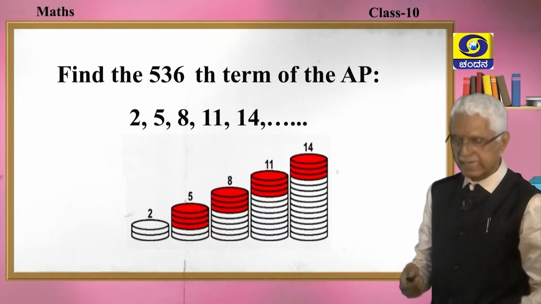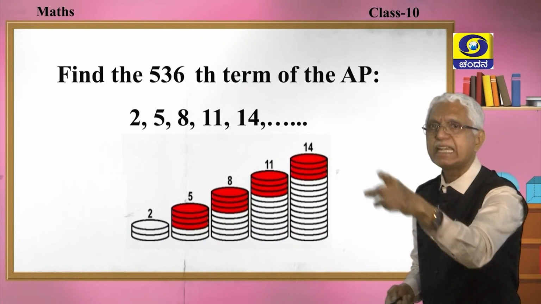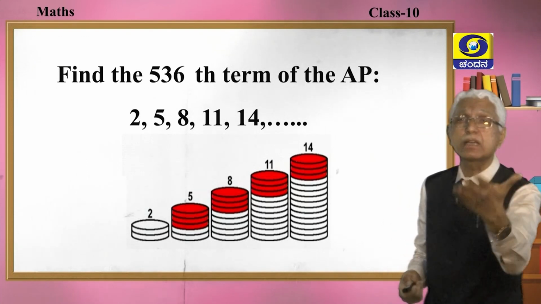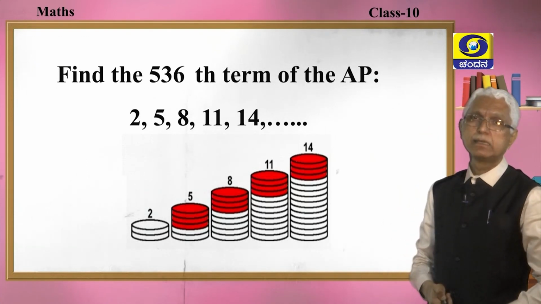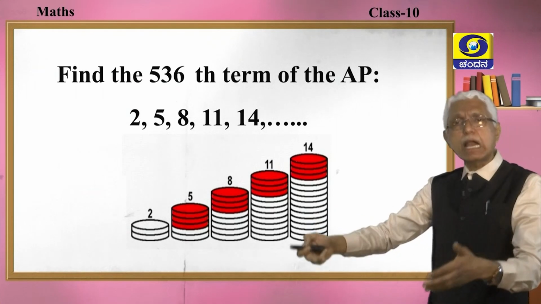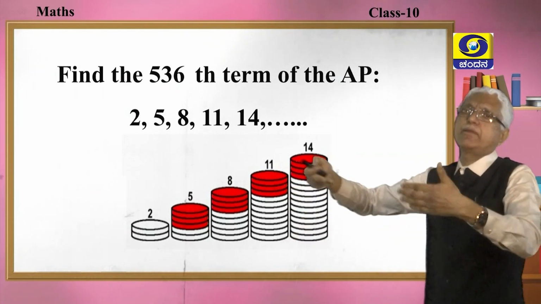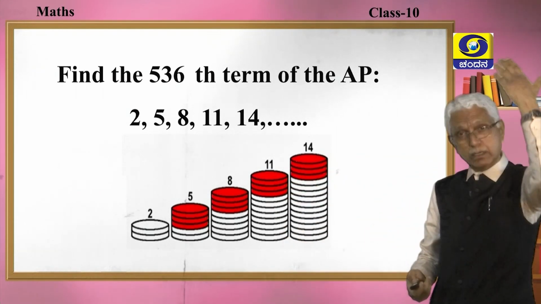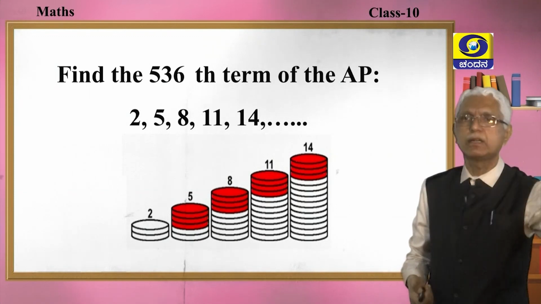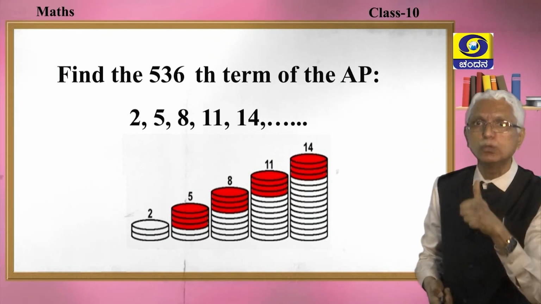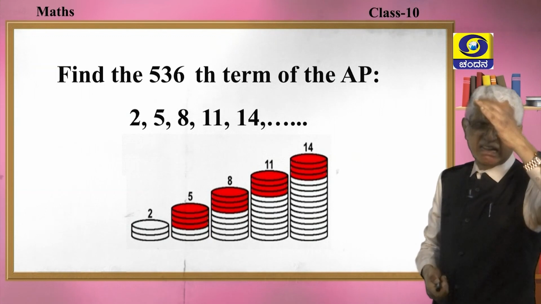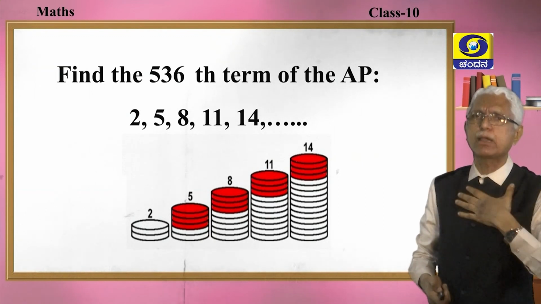I have got another AP: 2, 5, 8, 11. I want the 536th term, my dear child. Will you go on adding the common difference, 14 plus 3, 17, 17 plus 3, 20, 20 plus, my God, till you get the 536th? No, we will not do it. What to do? How to find a particular term that I wanted?